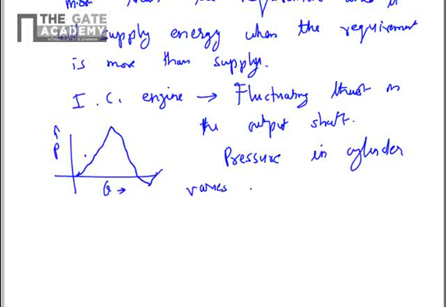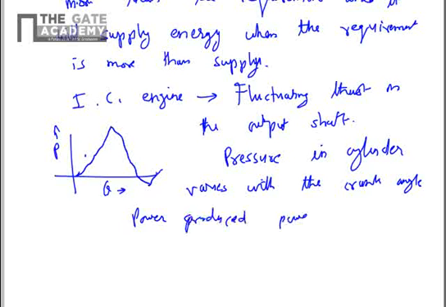varies with the crank angle, because in an IC engine power is produced during the power stroke, and for the rest of the strokes the energy is supplied from the crankshaft. So the compression stroke requires energy from the crankshaft.